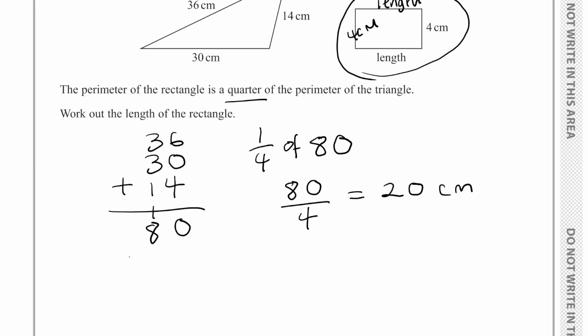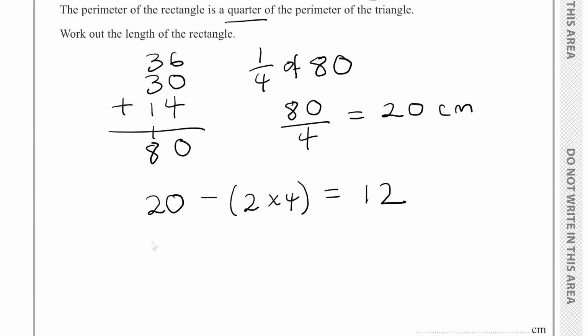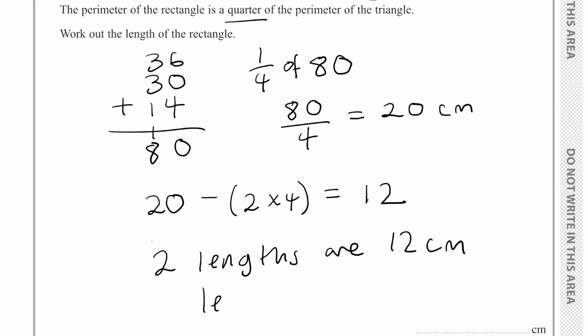So we've got 2 lots of 4 centimeters, which is 8. 20 take away 8 is 12. So we've got 2 lengths left. They equal 12 centimeters. So half of that, 1 length, is 6 centimeters.